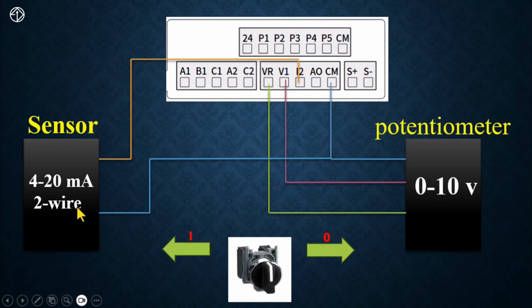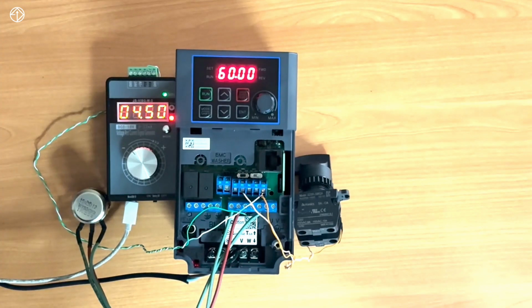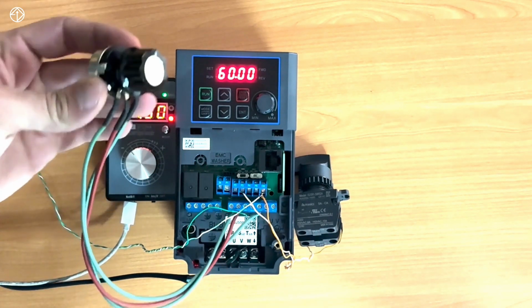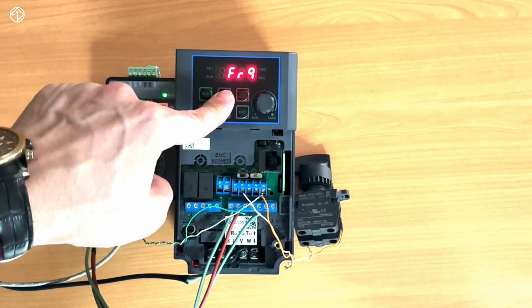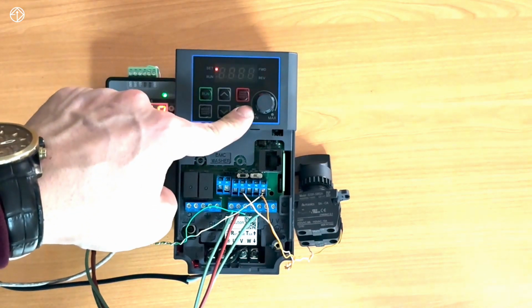Let's go ahead and apply all the settings we've learned so far for the local remote or second source on this G100 inverter and test this capability together. As we said, for the frequency reference to be from the analog input 0 to 10V in local mode, we need to set the FRQ parameter to value 2.